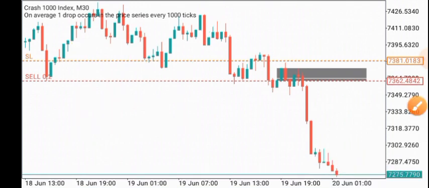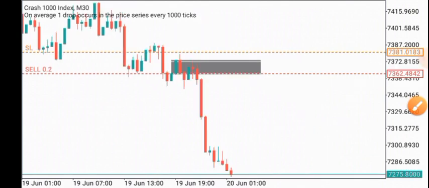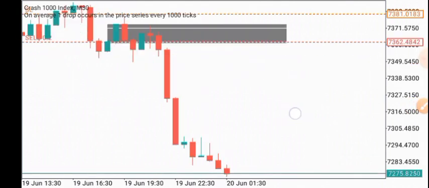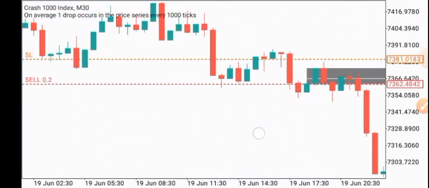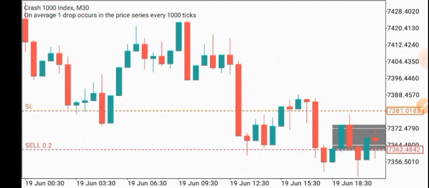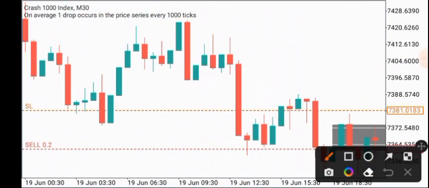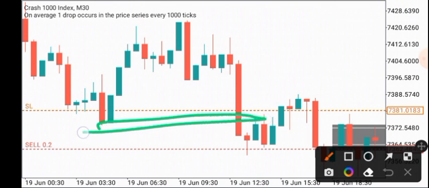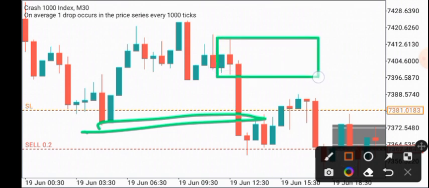All right, so that is what I saw here. Let me now show you. Look at it here. Okay, let me start from here and show you. You can see we have this break of structure here. Then this was the last opposite candle.